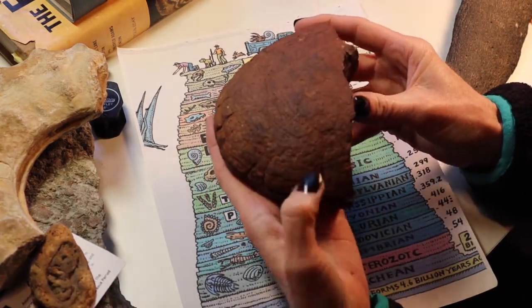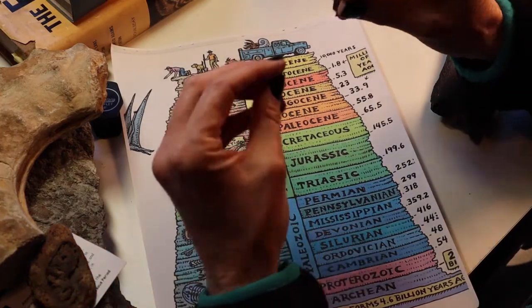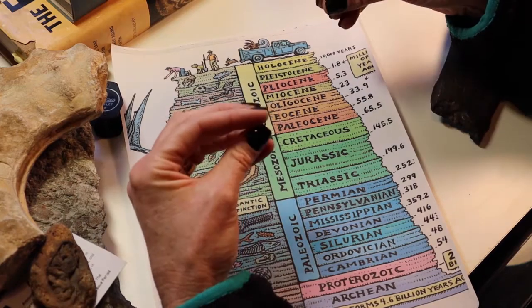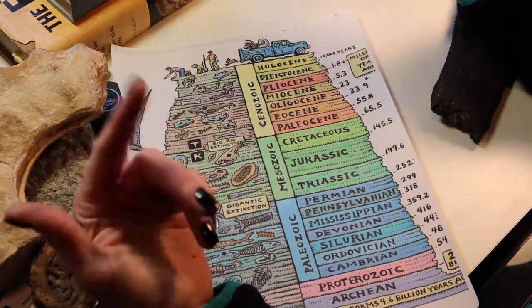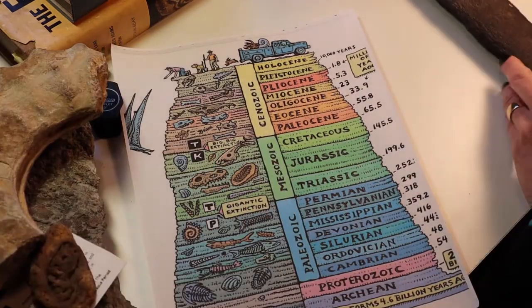Examples like this provide a lot of information about what these animals' lives were like, what they ate, and also what the environment was around them.